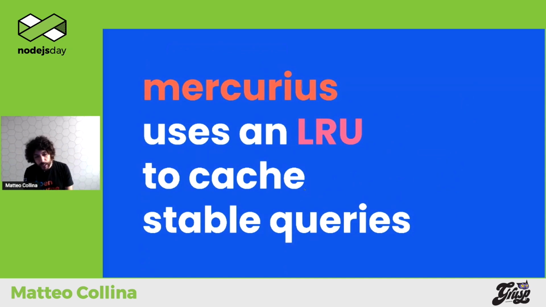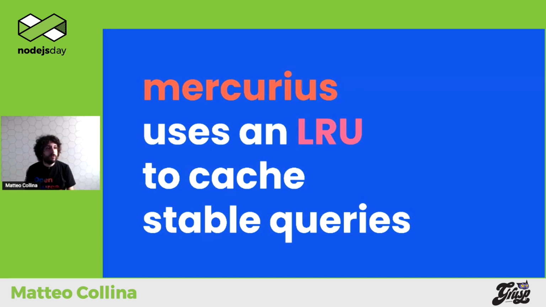Internally, it uses an LRU cache. And this LRU cache will cache the stable queries. Essentially, when you build an application, a web app or a mobile app, the queries that your server is going to be hit with are very similar. Essentially, they are mostly the same.